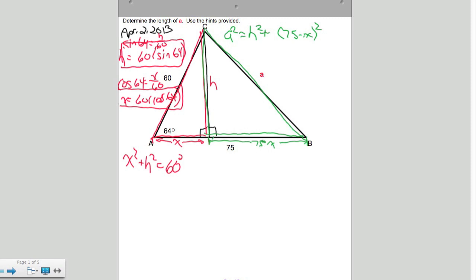So I'm going to do this down here. a squared is equal to h squared plus... How do I expand out a binomial quantity squared? This is drawing back to chapter 5, unit 5. Why don't we just use the value of x, which we got from before? We could use x and h there, because we actually get those values.